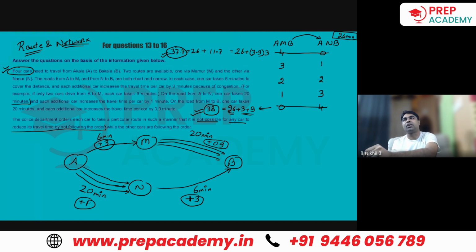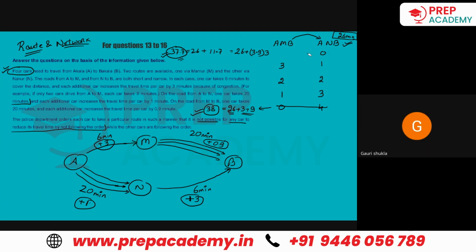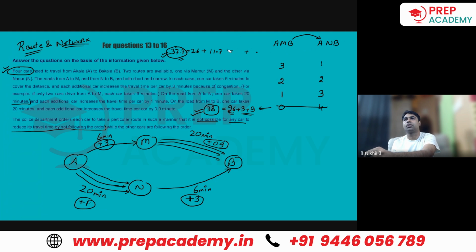Because if this one car would have not followed the order, it would have covered the journey in just 26 minutes instead of 37.7 minutes. So these cannot be the answers. Understanding it now? Yes, sir. Okay, so let's just remove these options. This was just for show.